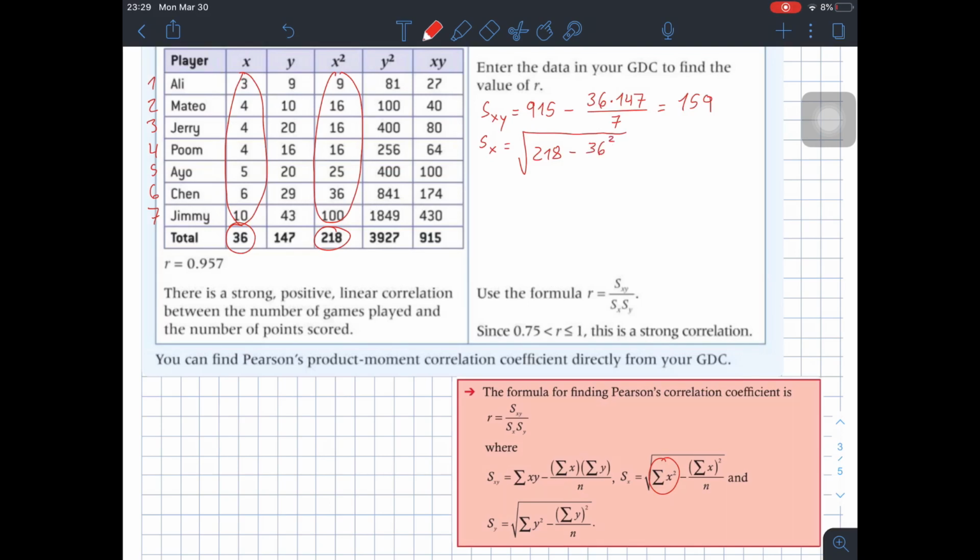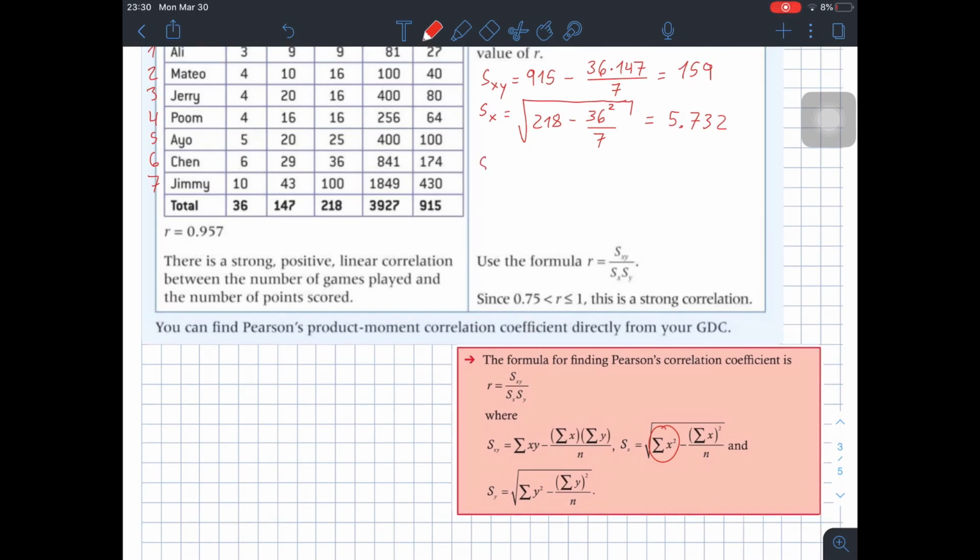Pay attention at the difference there. Over 7, right, which is our value of n. So then we get the value of the covariance of x. So this would give us the square root of 218 minus 36 squared over 7. This gives us 5.732. I'm going to write it to 4 significant figures just to have an accurate result.